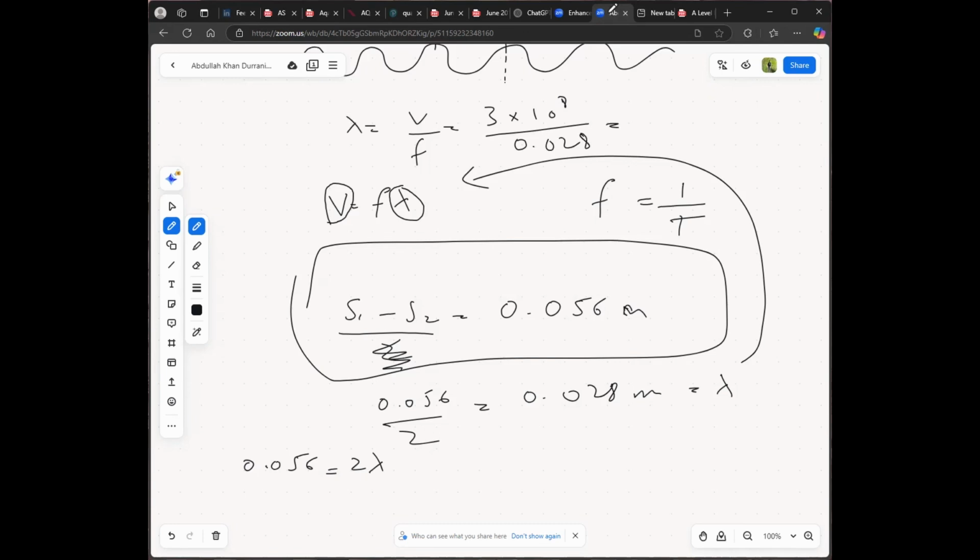I have done it wrong. So f is equal to v over lambda. Yeah, sorry, what did you get? I got 1.07 times 10 to the 10, or like 1.1 times 10 to the 10. Okay, all right. And this is in hertz.